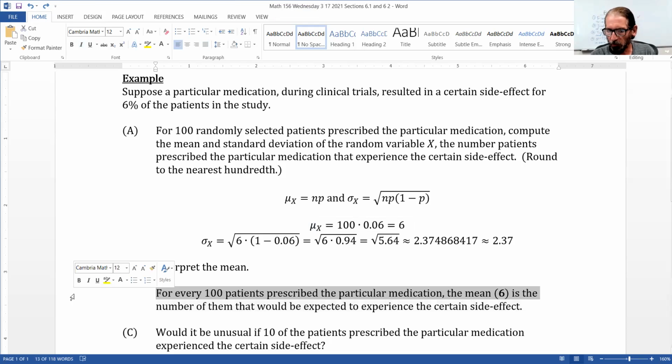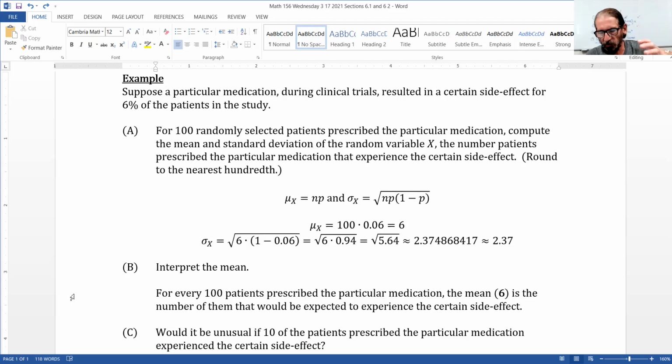For every 100 patients prescribed the particular medication, the mean 6 is going to be the number of them that would be expected to experience the certain side effect. That's not that we would actually have 6 in every group of 100. But if we had all simple random samples of size 100 from people prescribed the medication, then the mean from all those different samples would be 6.